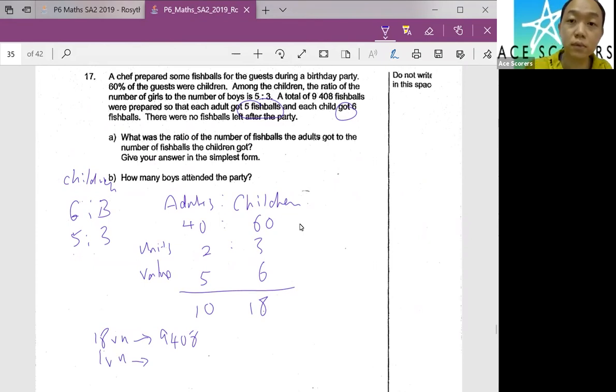Sorry, 28, not 18. 9,408 divided by 28 is 336.